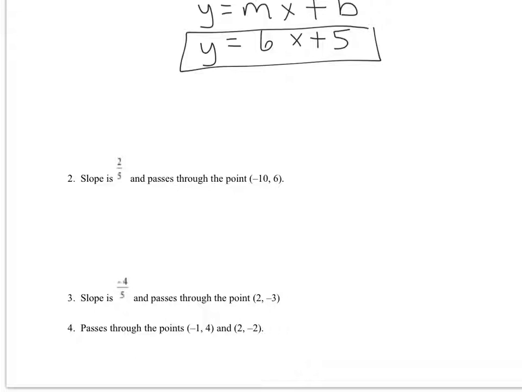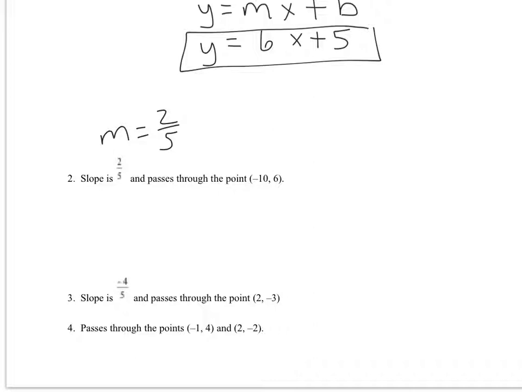So we're going to identify the m, the slope, as 2/5, but we don't know what the b is yet. We have a couple of options on how to find it, but probably the simplest way to find it would be to plug in not to slope-intercept form, but to what is called point-slope form of a line.